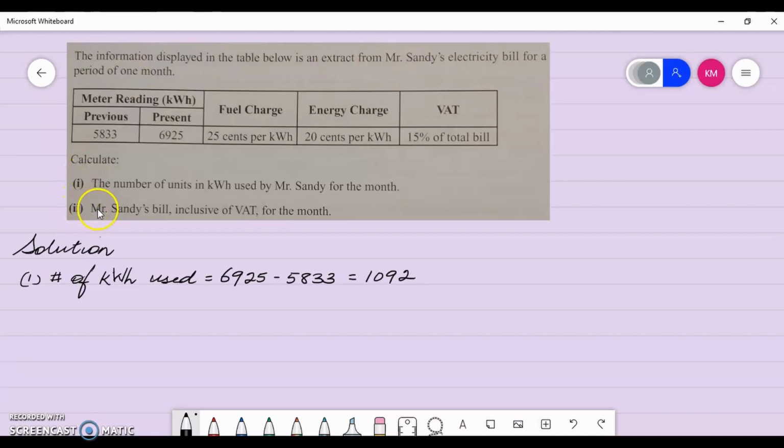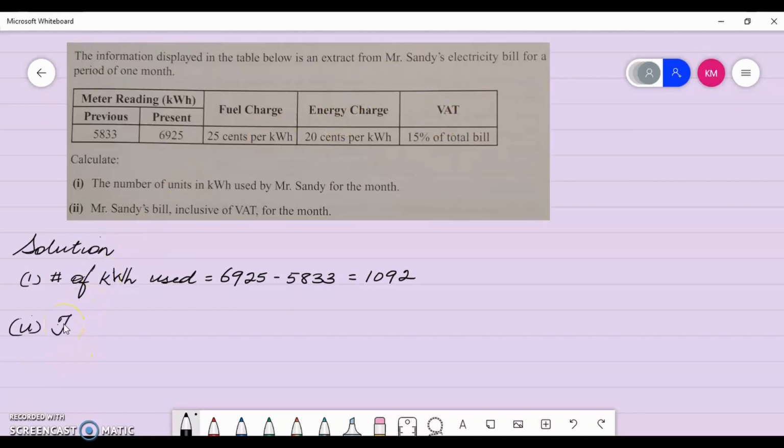Part 2, Mr. Sandy's bill inclusive of VAT for the month. So let's analyze this question. He used 10.92 kilowatts per hour for the month. He is going to be charged for fuel charge as well as energy charge, and then value added tax is going to be added on to that.